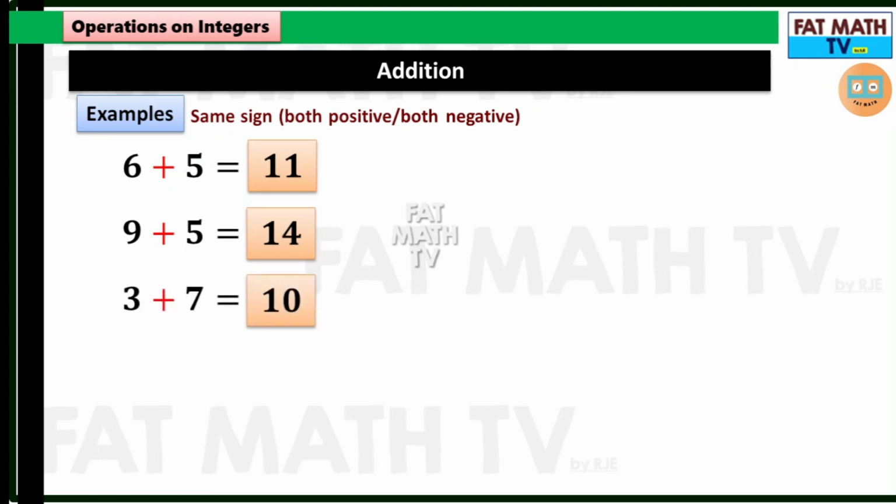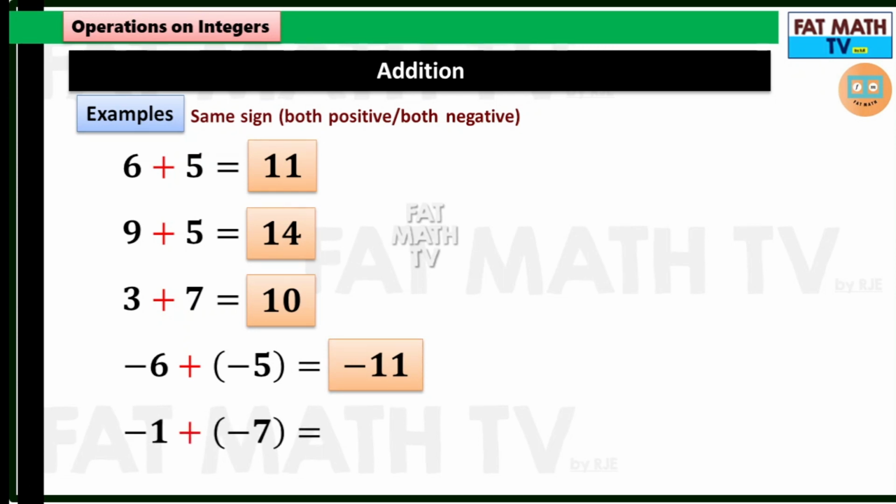Both are positive, so 10. -6 plus -5. Both of them are negative, so disregard the sign first. So 6 plus 5 is 11. And then both of them are negative, so the sign of 11 should also be negative. So -6 plus -5 is -11.